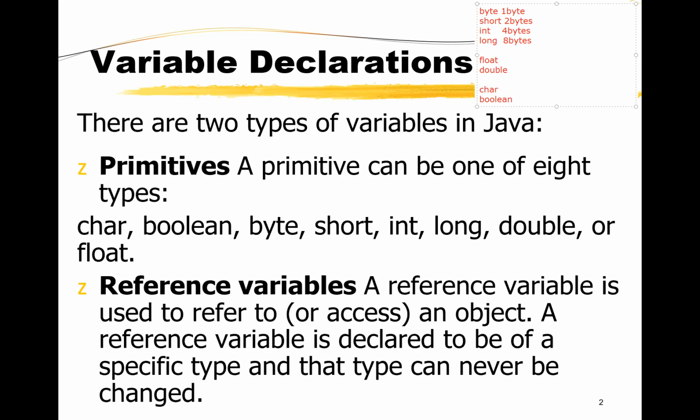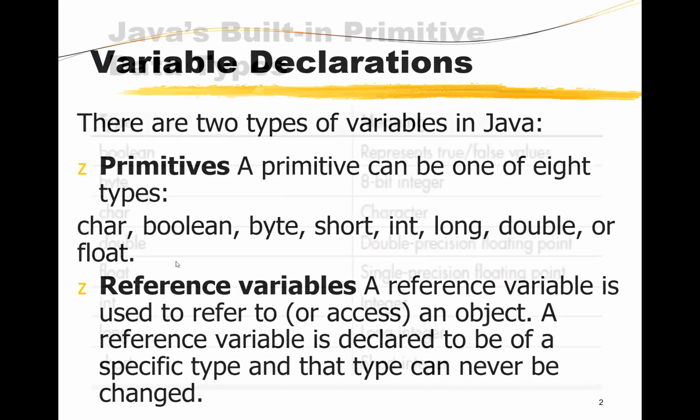And if it is float, it takes 4 bytes, and double takes 8 bytes. Byte, short, int, long, and then float, double.